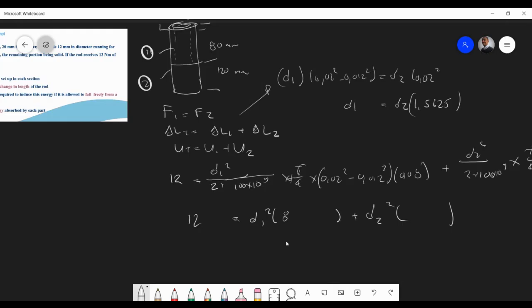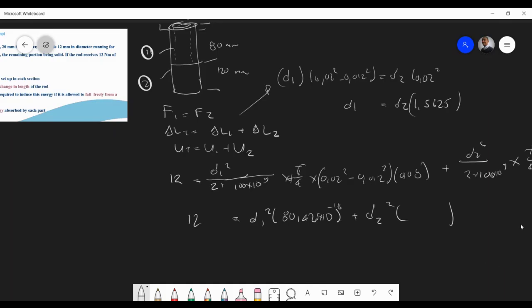I think hopefully this is correct. 80.425 times 10 to the negative 18. Let me double check. Yes, for the next guy, plug and play, really.